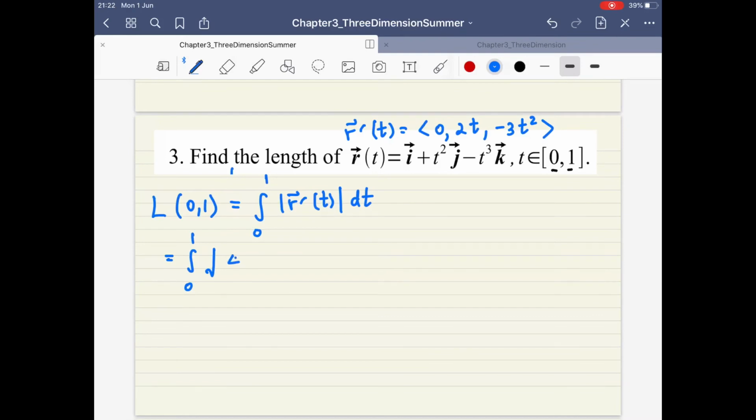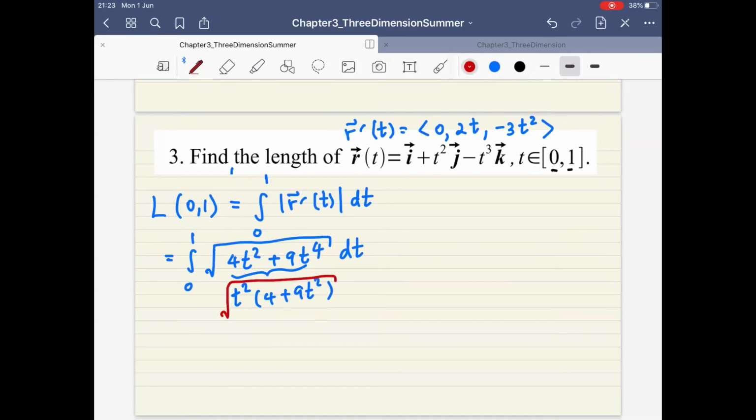The length will be, the first one is 0, right? So you got 4t squared and 9t fourth. The reason that we would like to let you look at this problem is to remind you how to find the integration of this kind of function. So this one, actually you got t squared and 4 plus 9t squared under a square root.